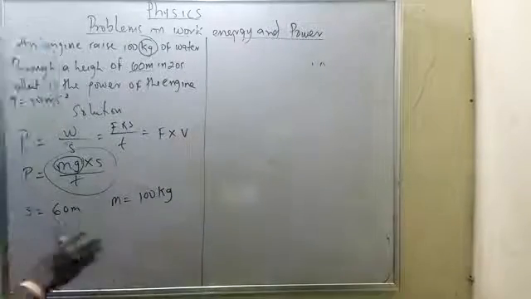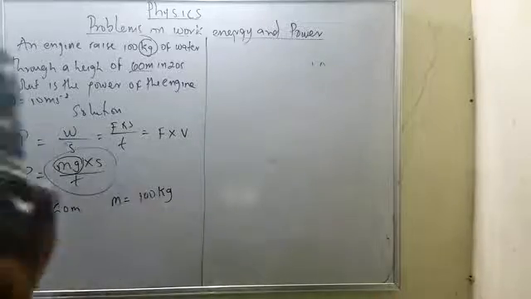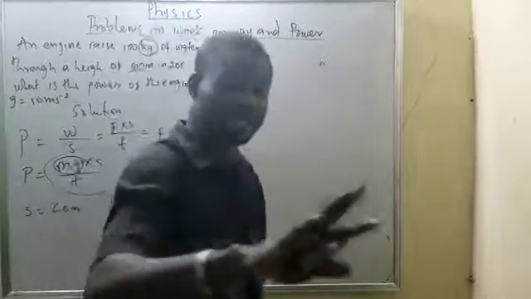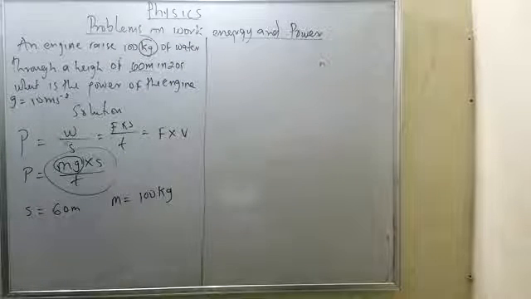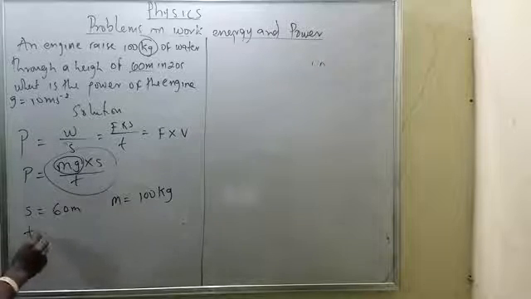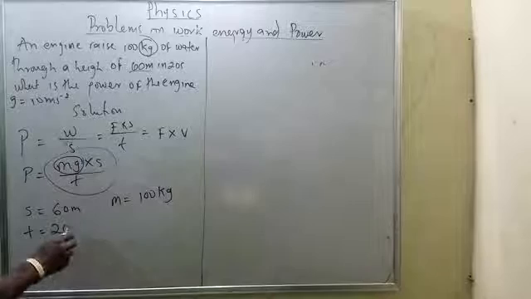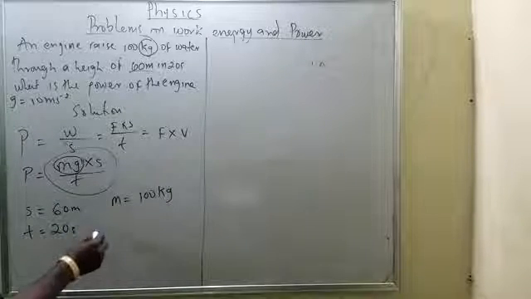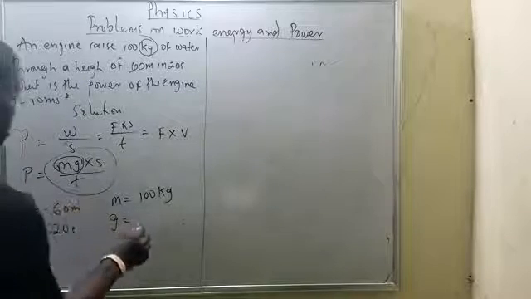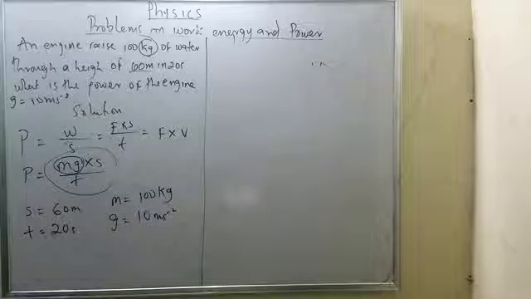Okay, I'm just telling you so that when you get to your exam hall, you will do fine. All my students are doing fine. I'm happy for that. Now, with this, what again? My t is given as 20 seconds. My g is given as 10 meters per second squared. All I need is available.